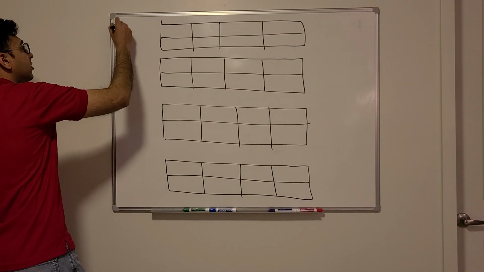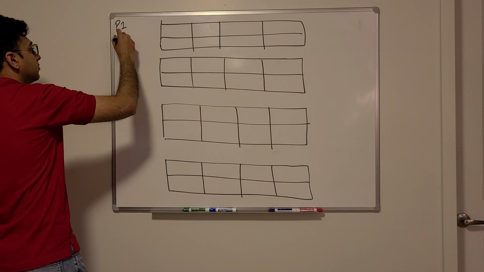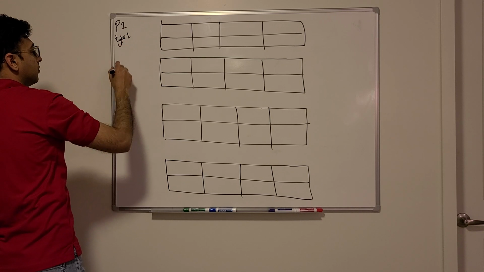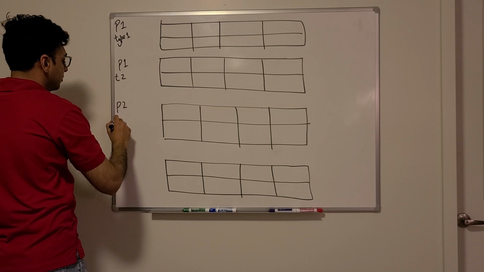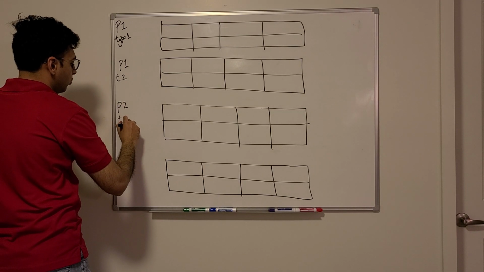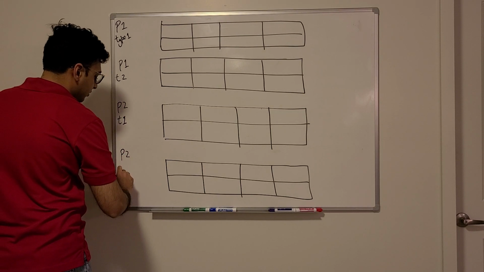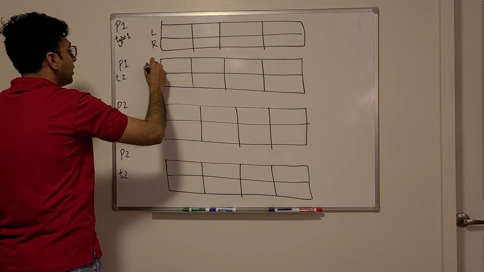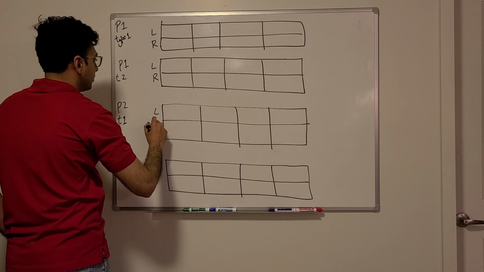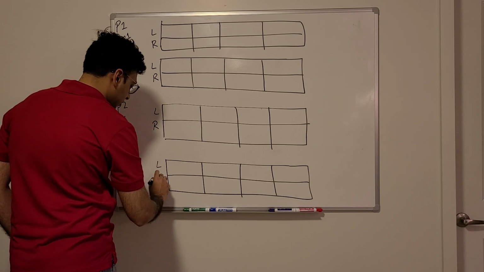So let's say this is player 1, type 1, player 1, type 2, player 2, type 1, and player 2, type 2. Player 1 can play left or right, left or right, left or right, left or right.